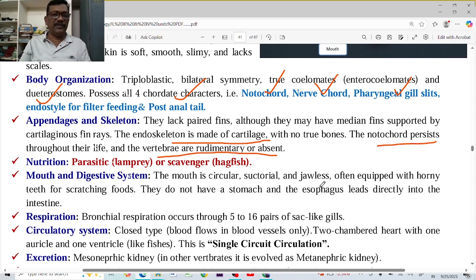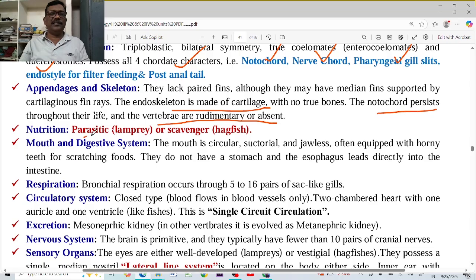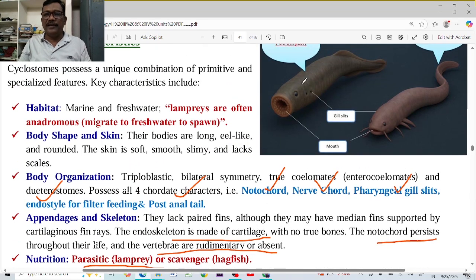Now we will discuss them in the affinities. Nutrition: they have parasitic nutrition or are scavengers. Here is Petromyzon, or lamprey, and this is a hagfish, or Myxine. In Petromyzon the mouth is very round and teeth are located inside the buccal cavity.